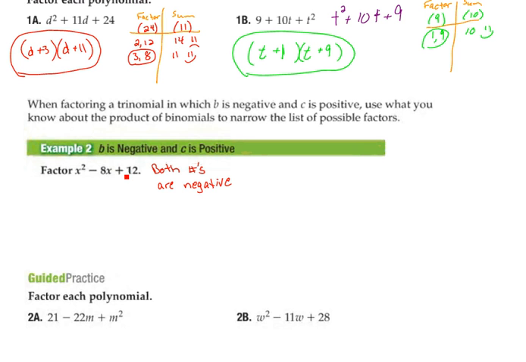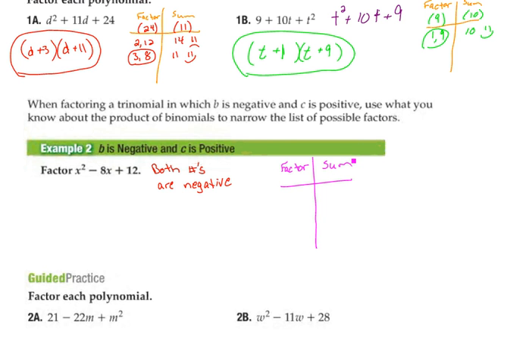The only time that we're going to get a positive multiplying two numbers is if both of those numbers are positive or both of those numbers are negative, because a negative times a negative gives us a positive. A negative plus a negative gives us a negative. Okay, so look at those clues when we're dealing with negatives. This does really help us out because then we don't have to go through quite so many different options.